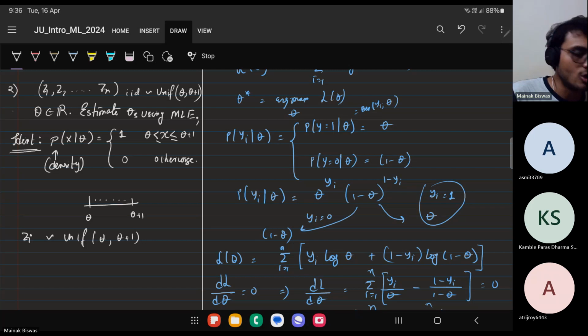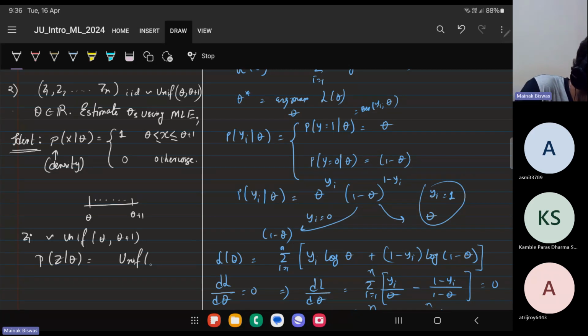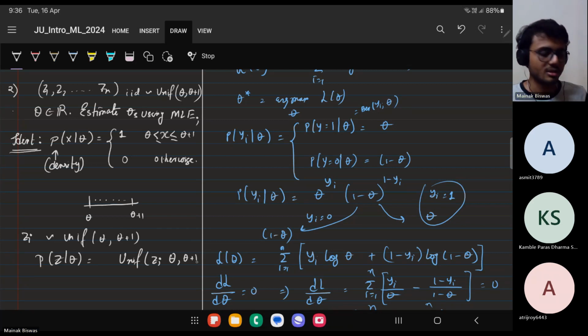Again, you are told to estimate theta. So what is the probability of z given theta? It is uniform, z is the variable, with parameters theta comma theta plus 1, right? This is how you write it.